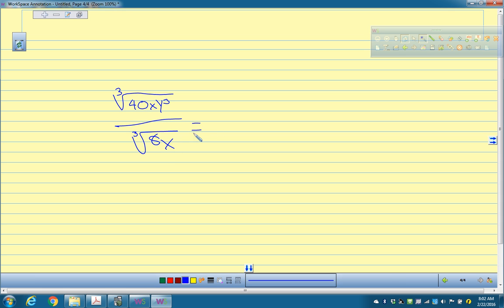What can I do first? Remember that if you have two independent cube roots, I can write it all as one. How many times does 8 go into 40? 5, right? So I'm going to leave a big cube root out here and put a 5 on top.